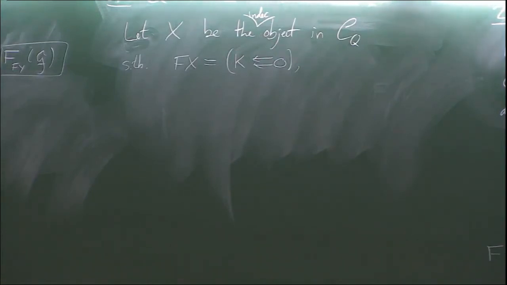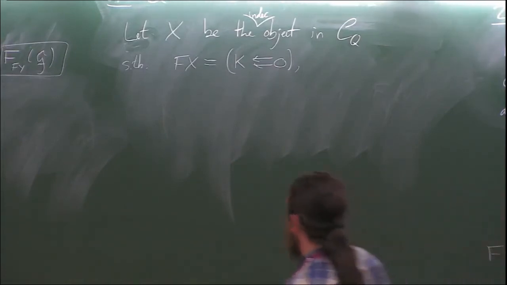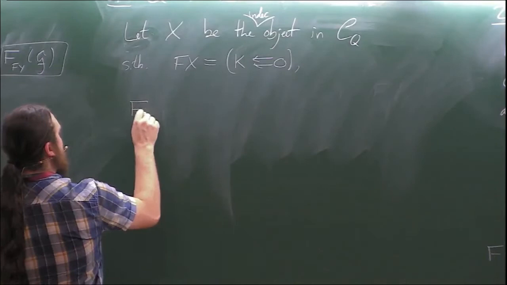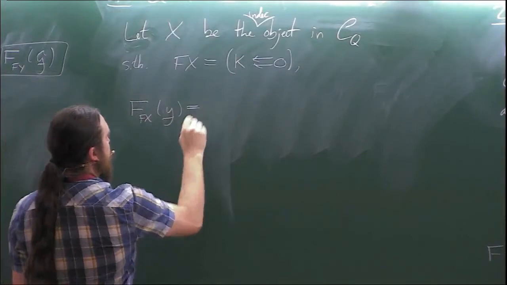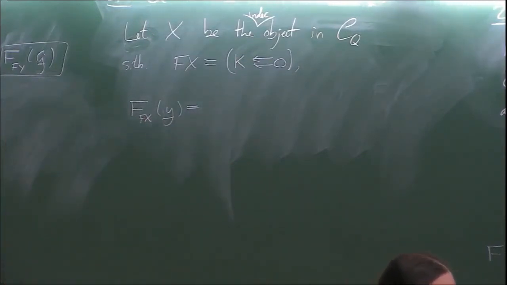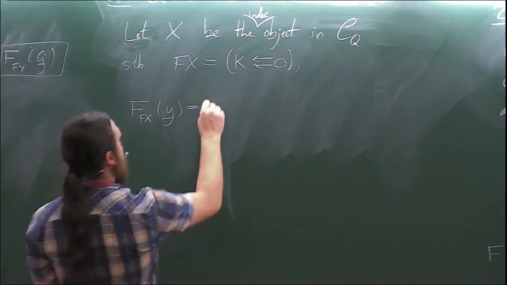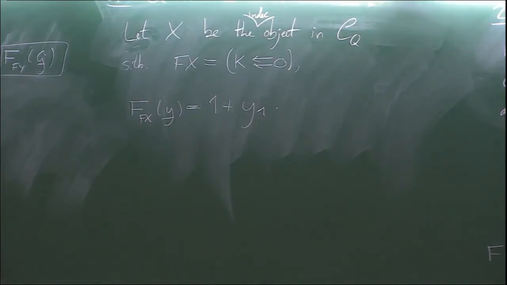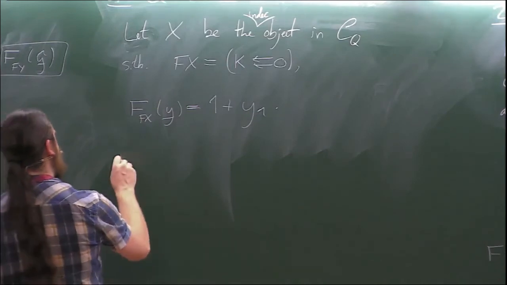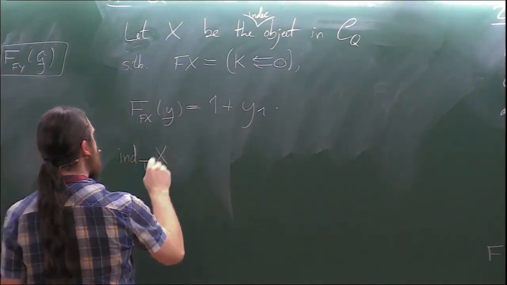But if I specify that x is indecomposable, there's only one, and it's the one appearing here in the cluster category. We've already computed the F-polynomial of this module. Let me recall, it's still on the board. It's 1 plus y_1. And in order to compute the cluster character, I need to compute the index of this object. What is the index of x with respect to T?